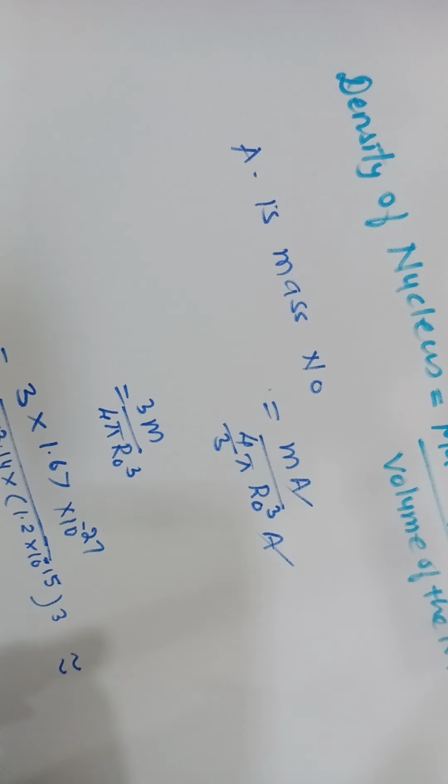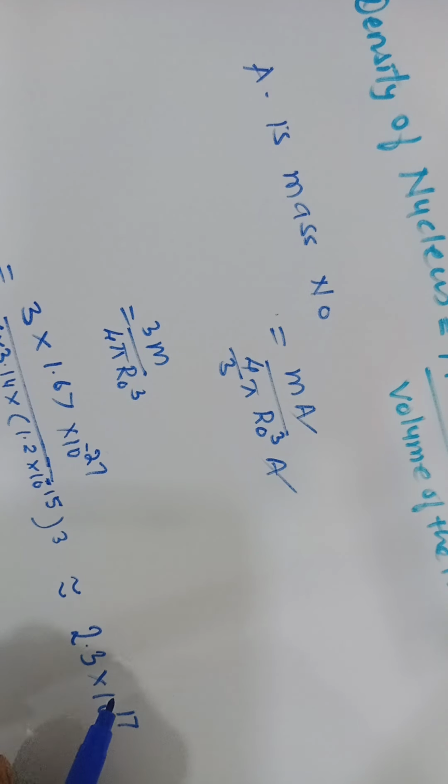When we solve this, the powers go, so 10 to the power minus 27 and this will be 10 to the power minus 45, so 45 will go in the numerator, so 45 minus 27, so it will be near about 18. So the density of the nucleus is 2.3 into 10 to the power 17, or 2.7 into 10 to the power 17 kg per meter cube.